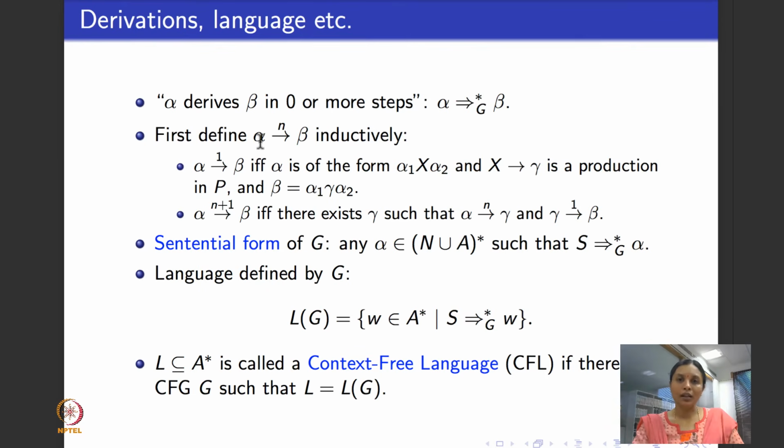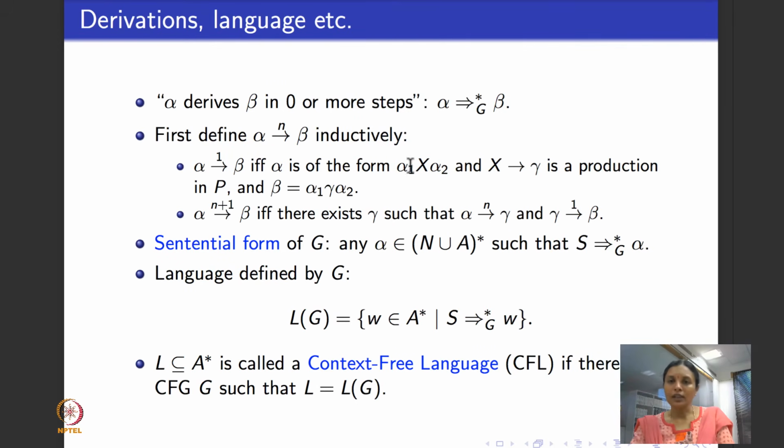How do I define it? I define it by induction on the number of steps. Let's say n is the number of steps. You say alpha derives beta in 1 step, or alpha derives beta in n steps, and then I say how alpha derives beta in n plus 1 steps. How do I say alpha derives beta in 1 step? If alpha is of this form, alpha 1 X alpha 2, and there is a production rule in the grammar which lets you take this non-terminal symbol X and replace it with a string gamma.